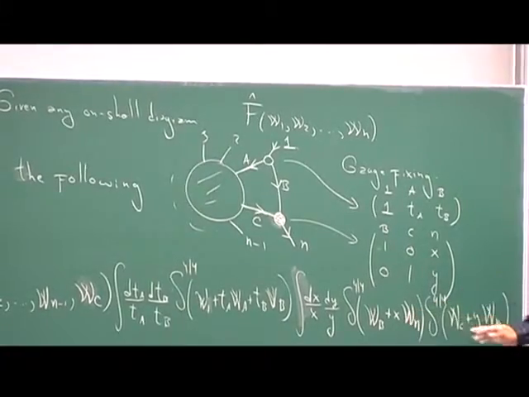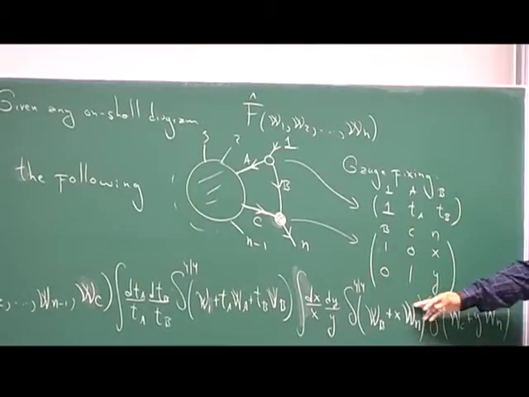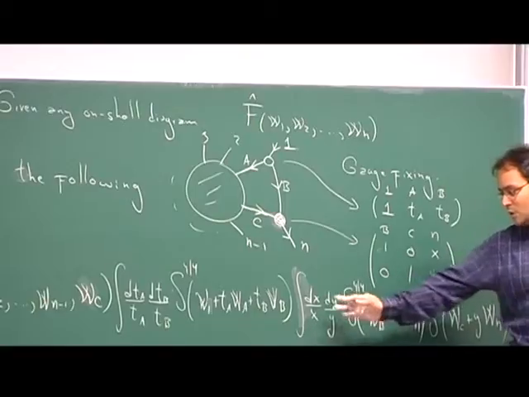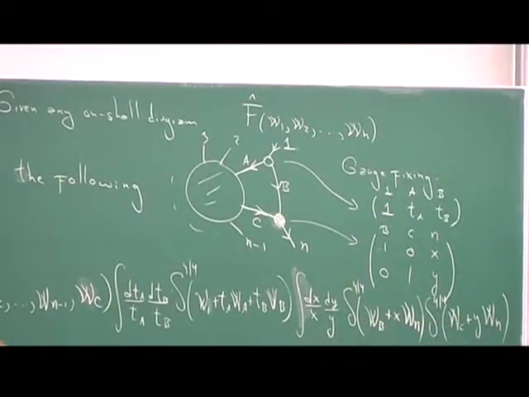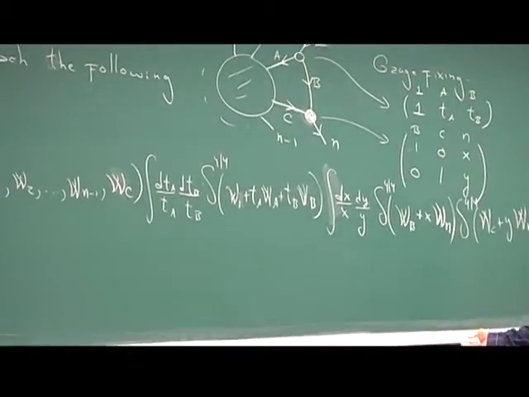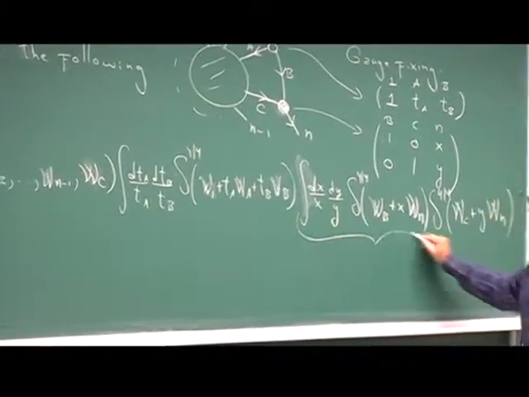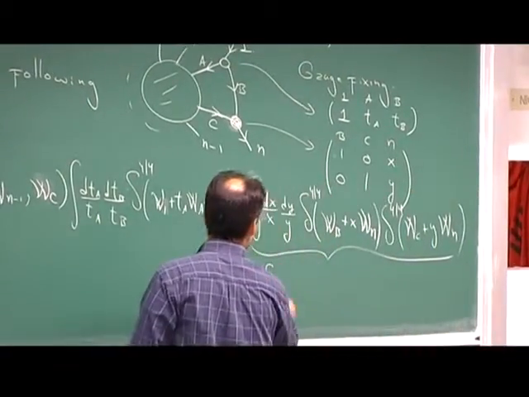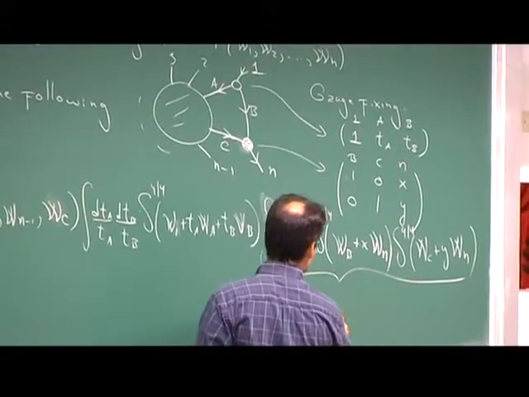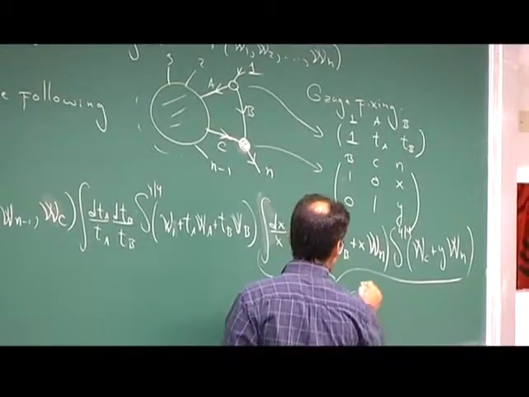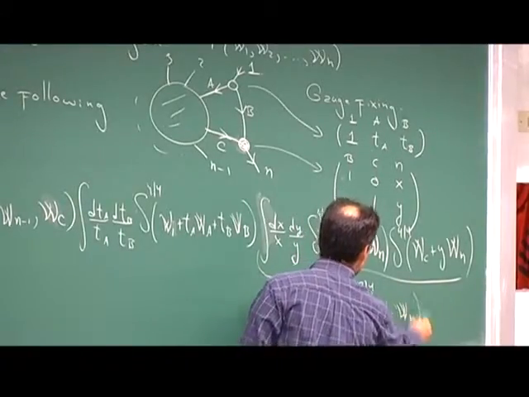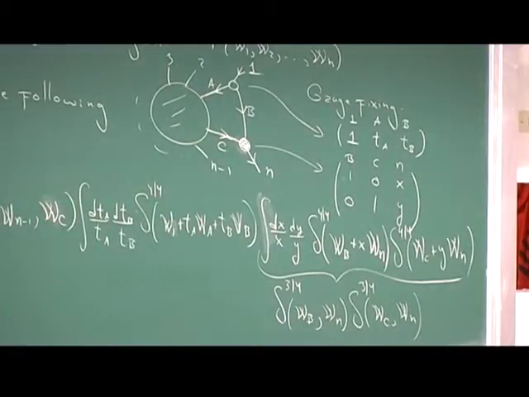We already have two nice projective delta functions, one here and one here, with their corresponding measures to become projective delta functions. So that's really nice that it shows up just like that. In other words, this thing is nothing but delta 3|4 of WB, Wn, delta 3|4 of WC, Wn, right?